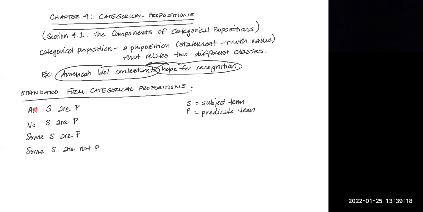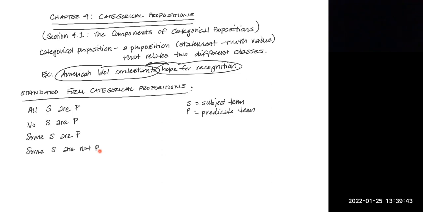So what's between the all, no, or some and the are or are not is going to be called the subject term just because of its location. And what's after the are or are not is going to be the predicate term because of its location. Whatever term is there will be the predicate term at that moment.